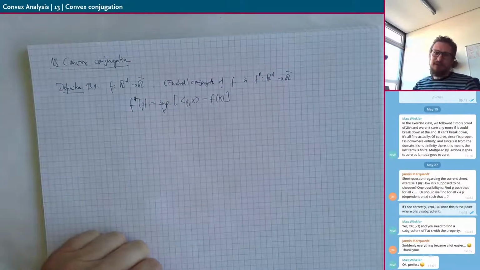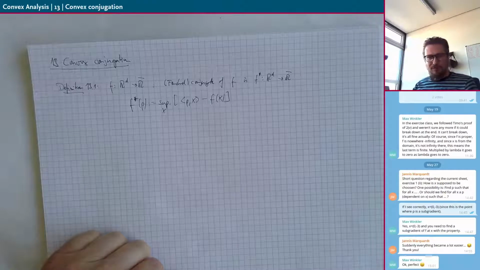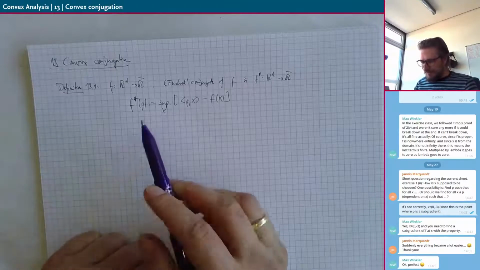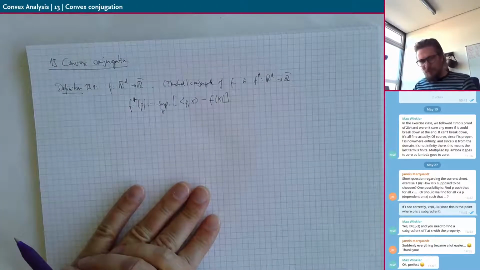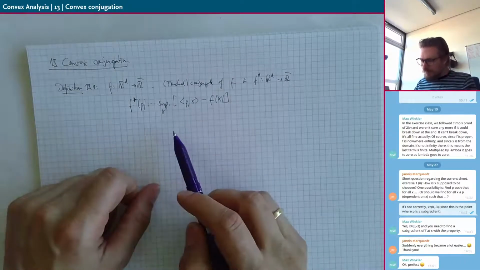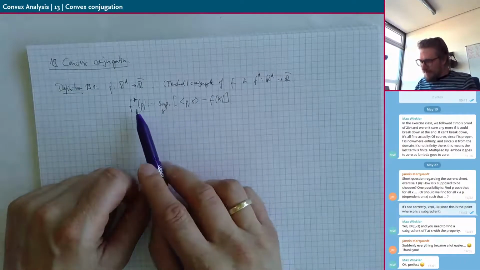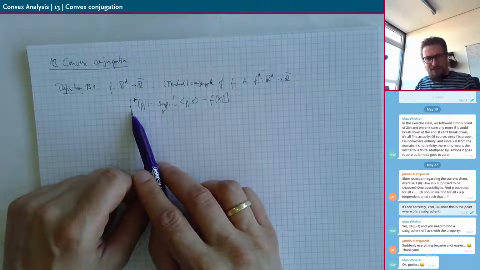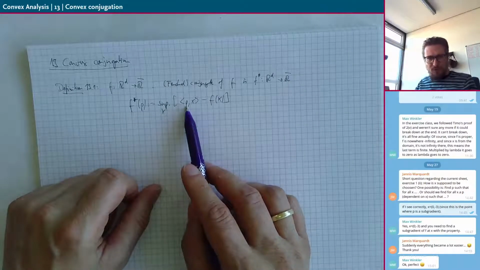There is a graphical interpretation, but I always get it wrong. I could try to draw a picture because it's related to supporting affine functions, but I usually get this image wrong when I try to show it. What one could note here is that the conjugate is defined in terms of slopes.